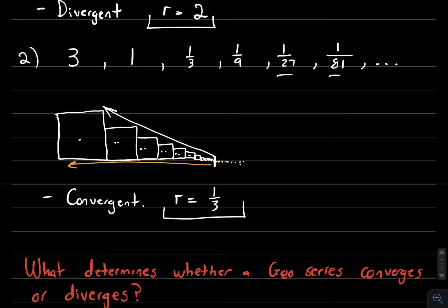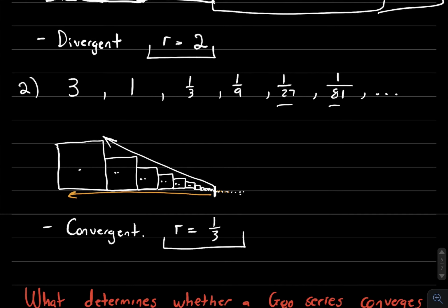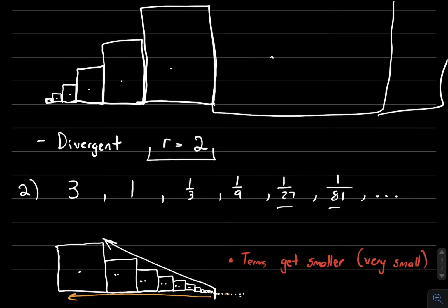So if we think about it, what are the properties of a convergent geometric series? For a convergent geometric series, the terms get very small as you go on to the millionth term or something. As we go on to the millionth term, the number there will be extremely tiny. Okay, so the main property of a convergent geometric series is that the terms get smaller.